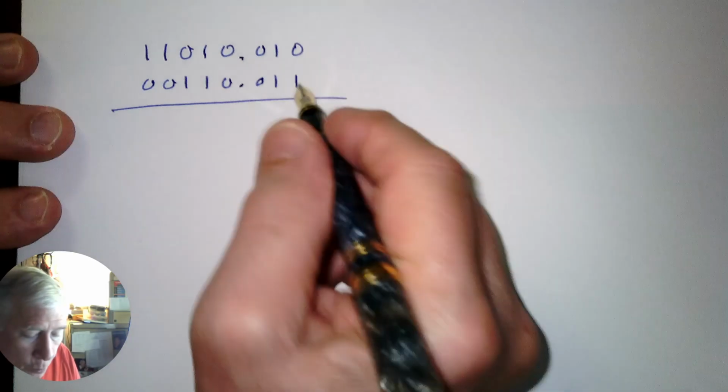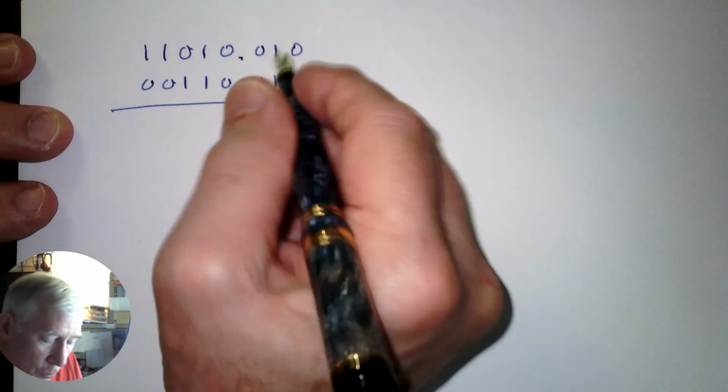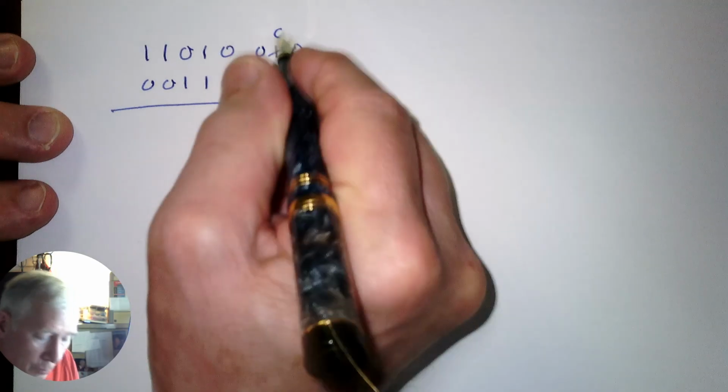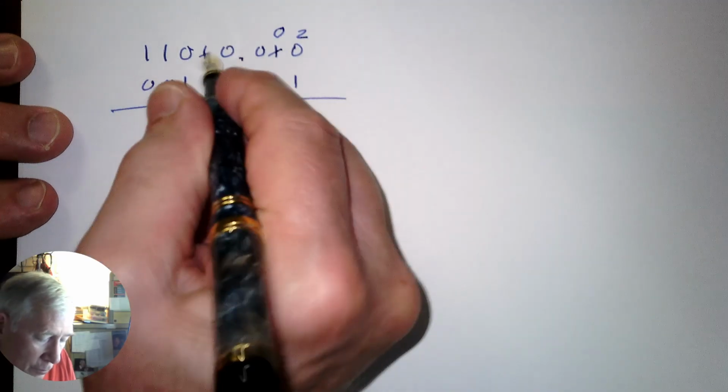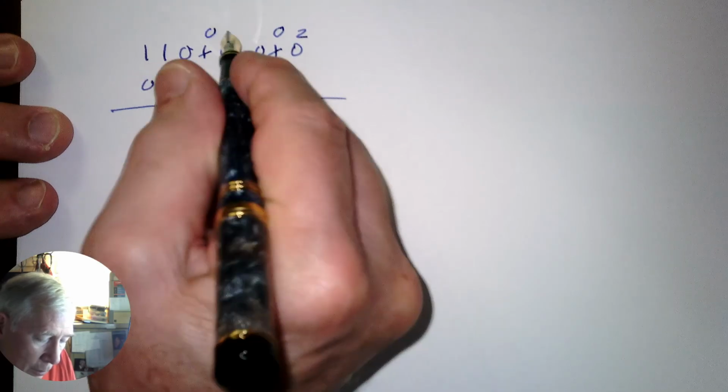Well, the best way to do this is we start down here, we subtract 1 from the 0, but we can't take 1 from 0. We have to borrow. So we take this 1 away, and we have a 0 there, and we put a 2 there. 1 from 2 is 1. Now, 1 from 0, we can't do that. We can't get 1 from here, so we steal this, put a 0 there, put a 2 here, then we take 1 from that 2, put a 1 there, and a 2 here.